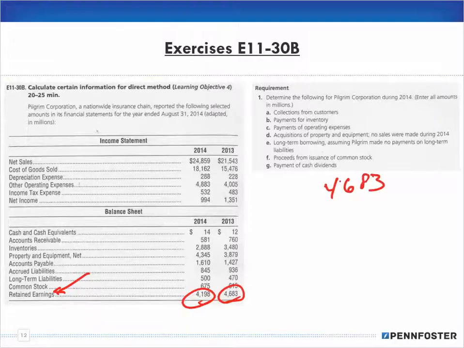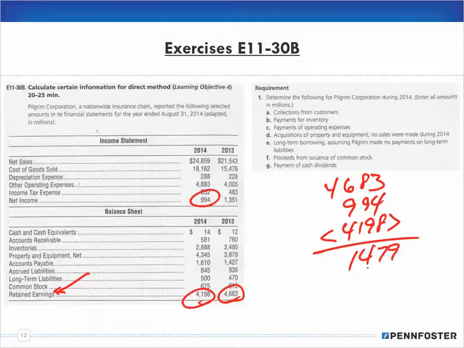Then we add in our net income, and it tells us our net income for the year was 4 million, sorry. And then we subtract our ending balance, which is 4,198,000. And what's left over is our cash dividends, and that is 1,479,000 is what they paid out in cash dividends.